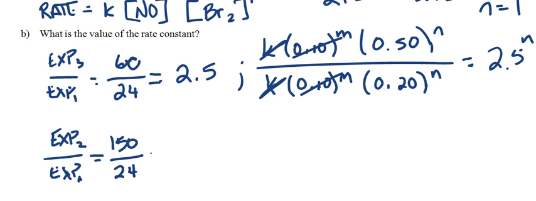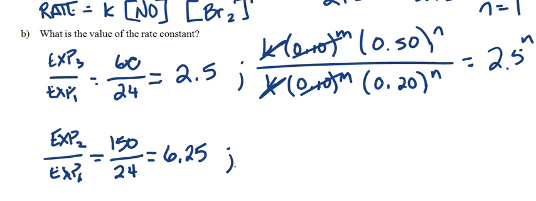And 150 divided by 24, I believe, is 6.25. So what that's saying is that experiment 2 is 6.25 times faster than experiment 1.